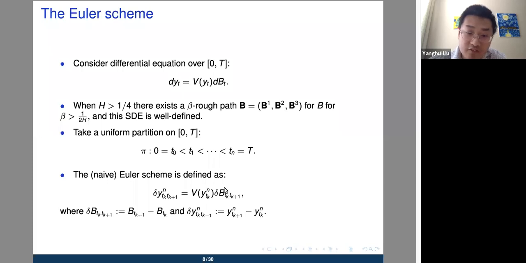If I compare this Euler scheme to the equation, you can see that the Euler scheme is just the linearization of the equation.